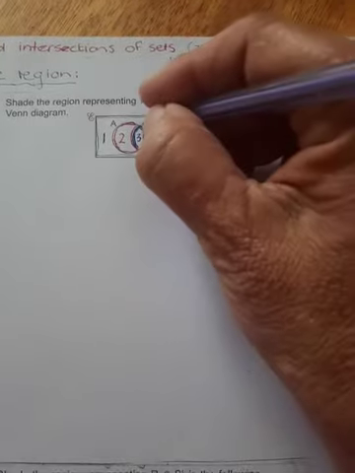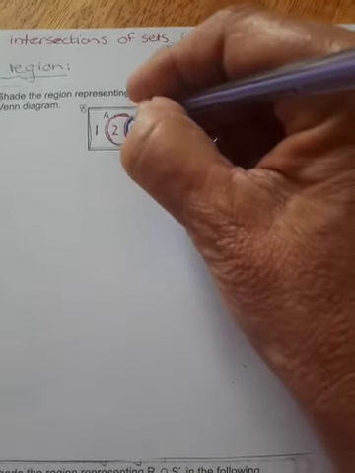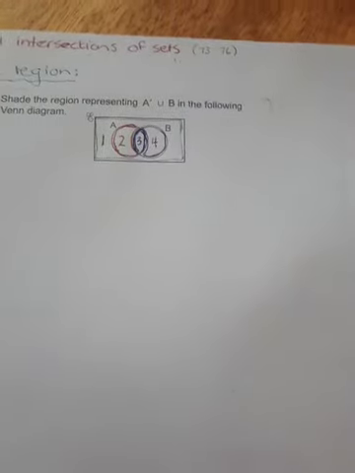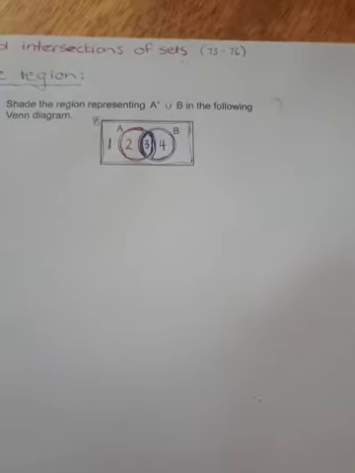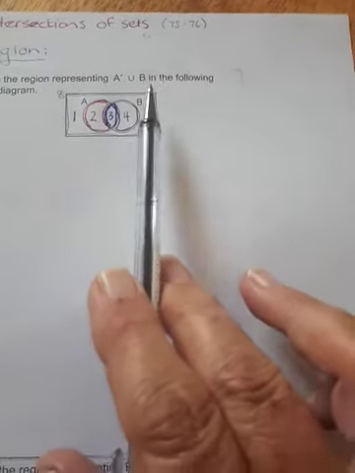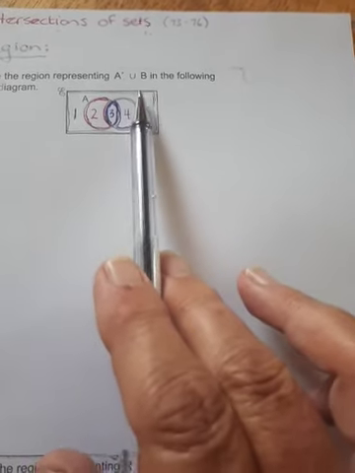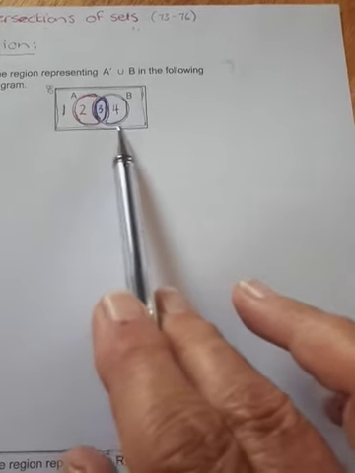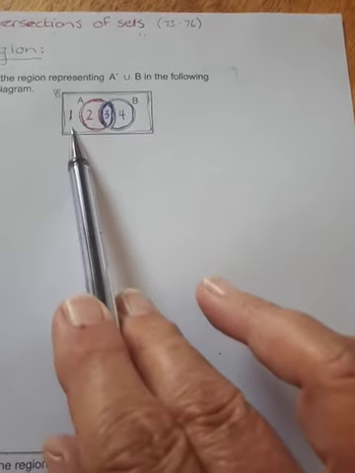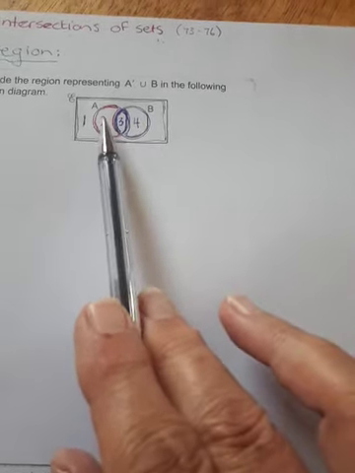And lastly, we have that part of set B, which we label 4. So please take note that by labeling 1, 2, 3, and 4, you have now got all 4 possible regions in this diagram. I repeat, region 1 is everything inside the rectangle but outside the circles.